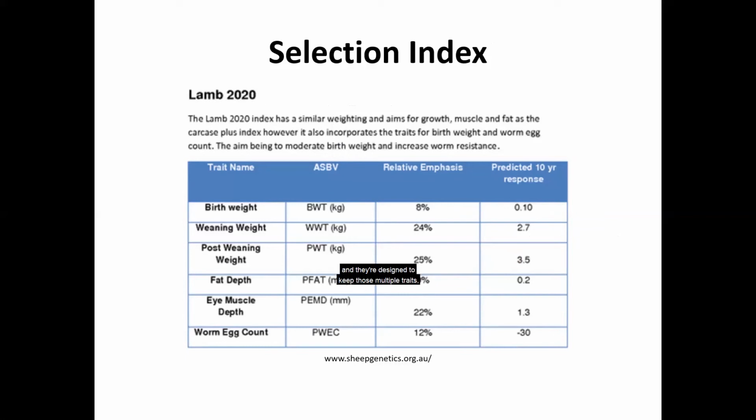They're designed for a specific animal population within a specific industry, and they're designed to keep those multiple traits in the appropriate economic balance for the industry at hand. Okay, this happens to be a desired gains index, which has a 10-year response goal for each of the traits. And this, again, gets pretty deep and complicated, but we can return to talking about selection indices more specifically if you've got questions about them.